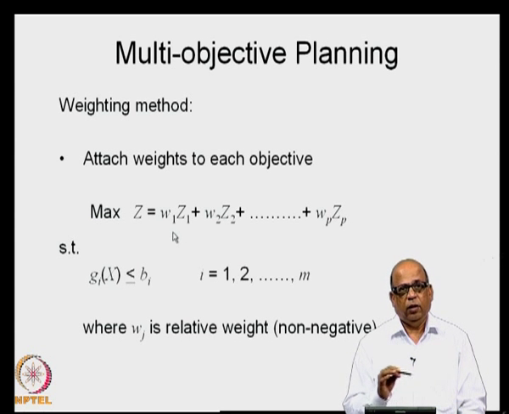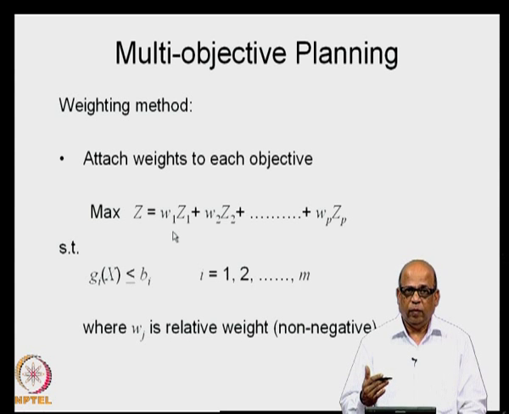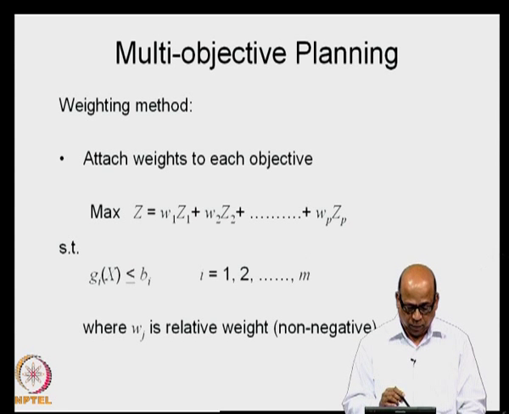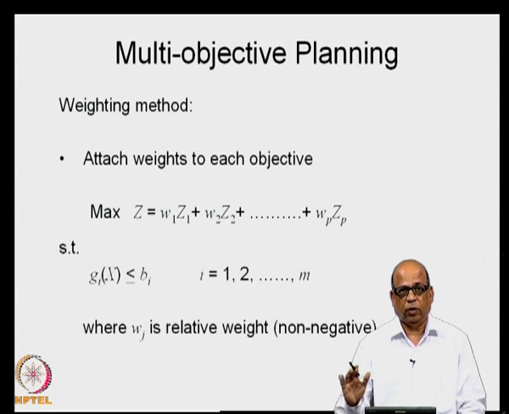Recall what we did in linear programming, relate this with what we did in the graphical method of solution. The first thing we do is look at the feasible space. Now, the feasible space is essentially defined by the constraint space, the set of constraints. It has nothing to do with the objective.